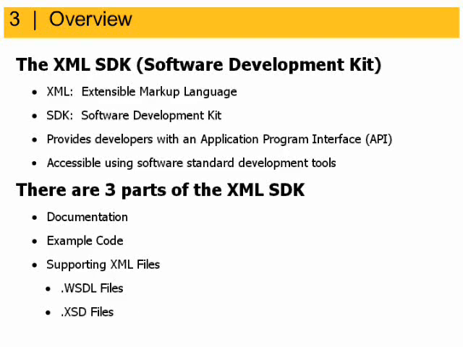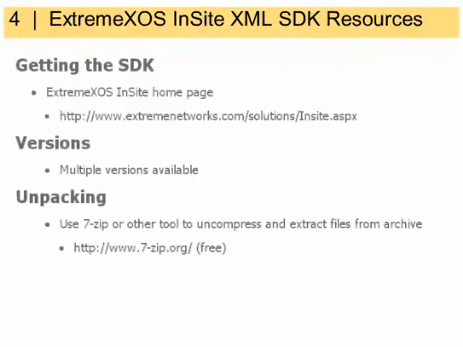The WSDL files are the parts of the InSite XML SDK that describe the various web services running on the ExtremeNetworks switch. The XSD files describe the data that is to be passed between the client and the web service running on the ExtremeNetworks switch.